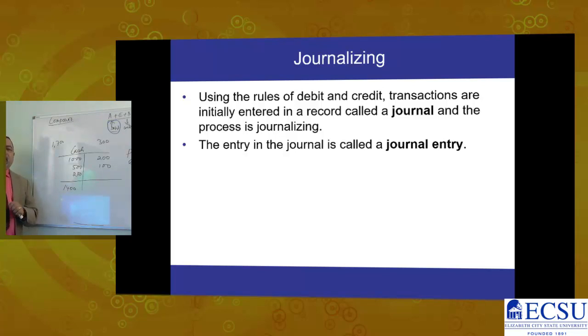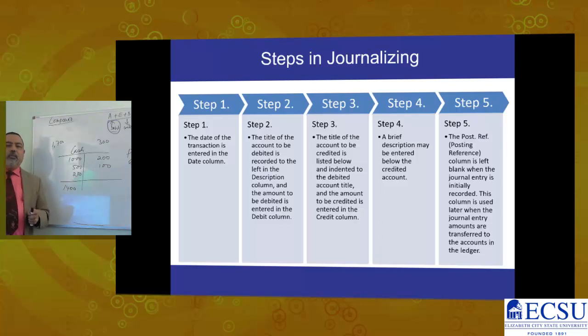The record is known as a journal, and the process is known as journalizing. The entry you make in the journal is called a journal entry. So whenever somebody talks about a journal entry, they're talking of the entry made in the journal in the process of journalizing. These are the three terms that we will come to again and again.